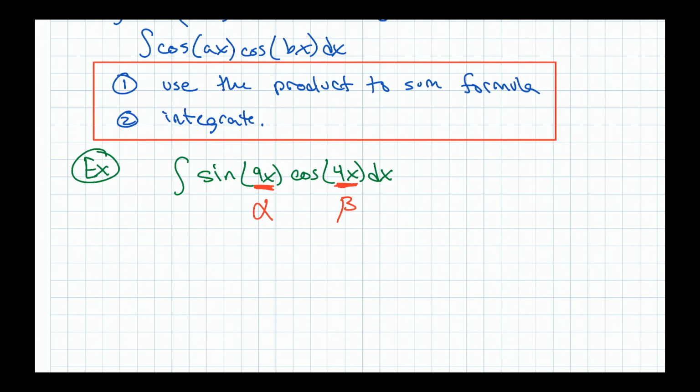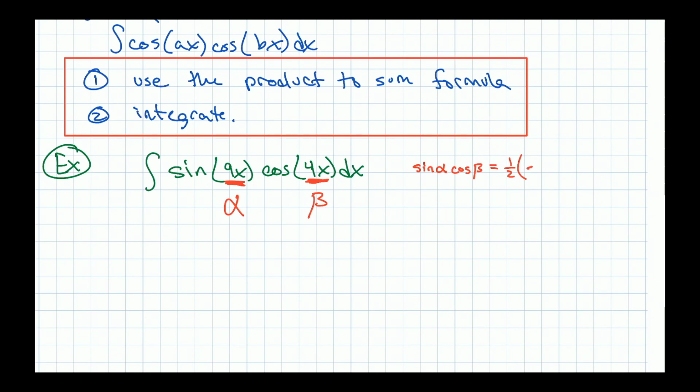And you just want to use the formula that has a sine and then a cosine. I'm not going to scroll all the way up because I have them written down right here.